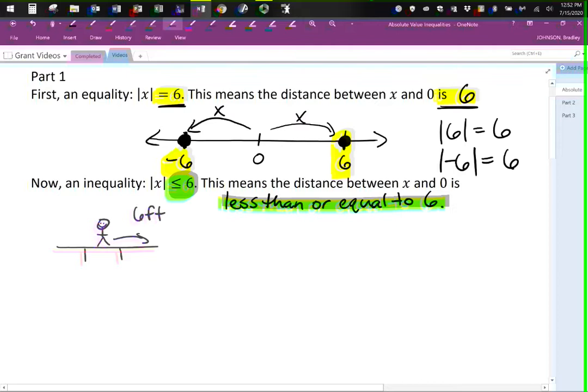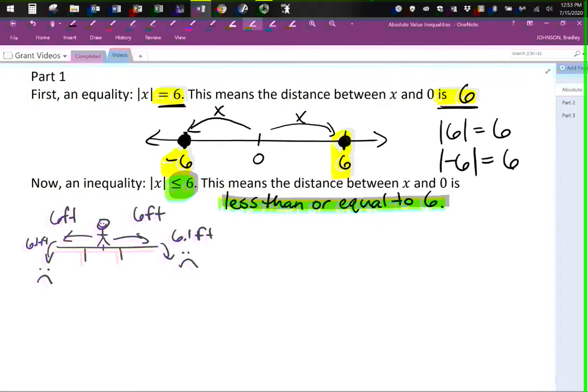But as soon as they go 6.1 feet, they will fall off the beam, and that's bad news. They fall off and hurt themselves. Also, if they're in the center of the beam and walk to the left, they could also walk 6 feet, but if they go 6.1 feet to the left, they fall off, and that's bad news as well.